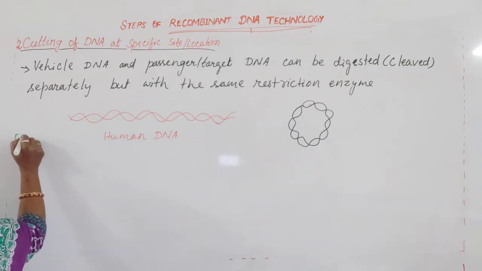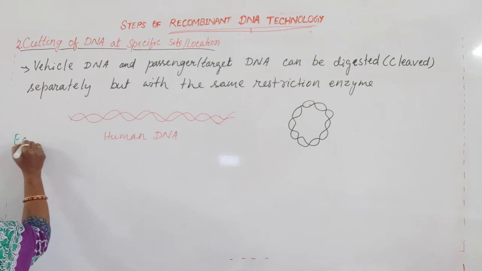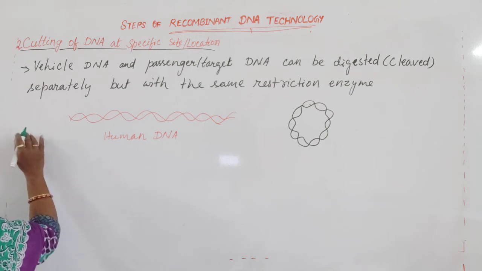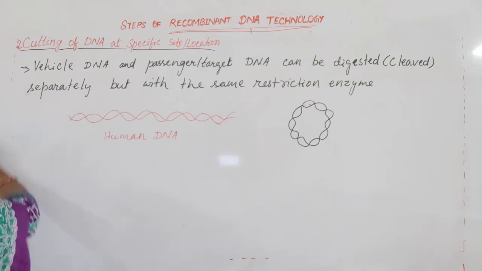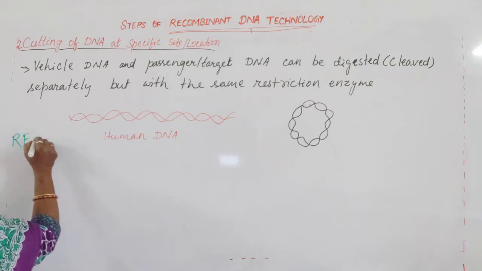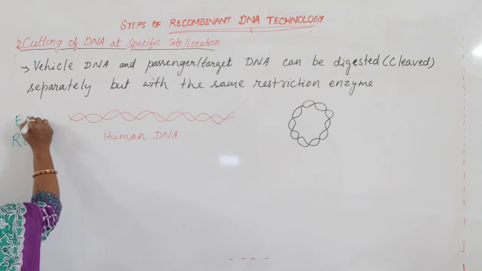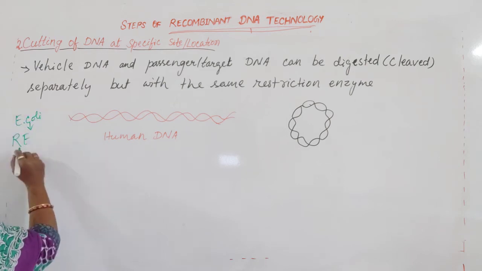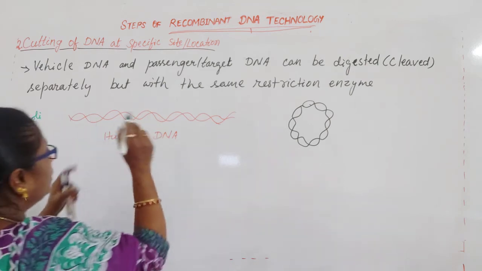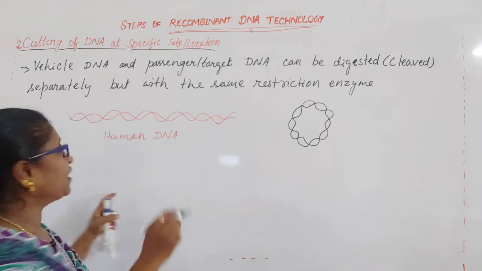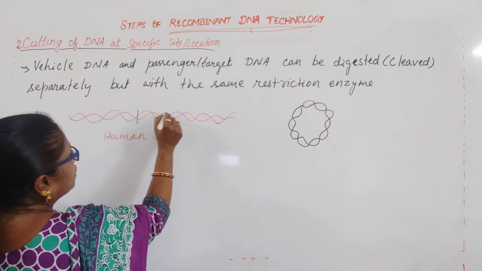Suppose this is the E. coli RE, the restriction endonuclease of E. coli, which is used. So the same restriction endonuclease should cut.